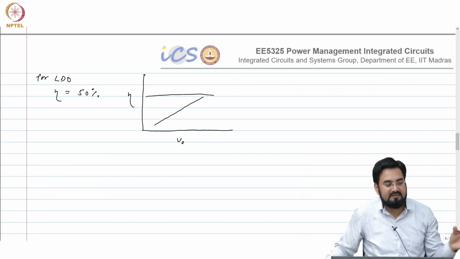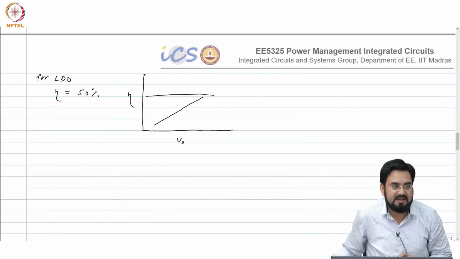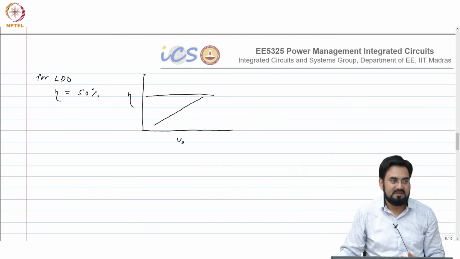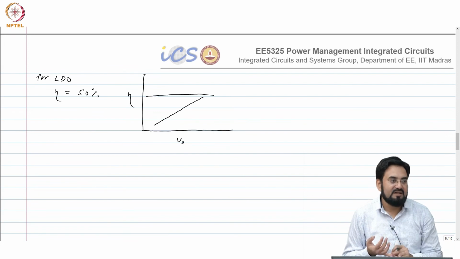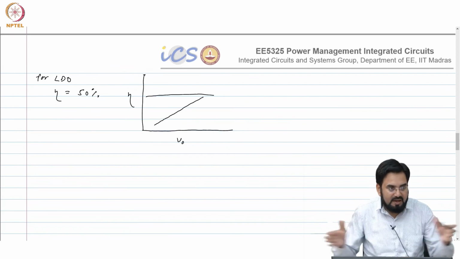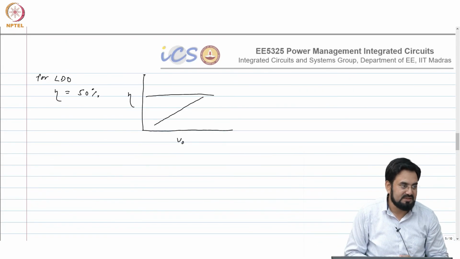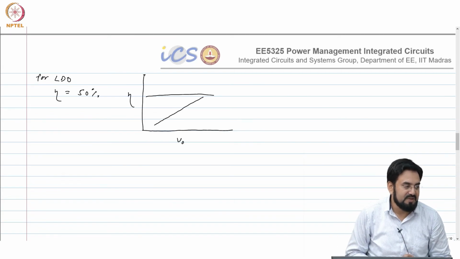But when you hit a very light load, then switching losses will start dominating and your switching converter efficiency will also start dropping in that case. But overall, if you look at the average efficiency, the switching regulator will be better over a wider load range or wider V out by V in ratio. In both cases, your switching regulator performance will be better compared to your LDO.